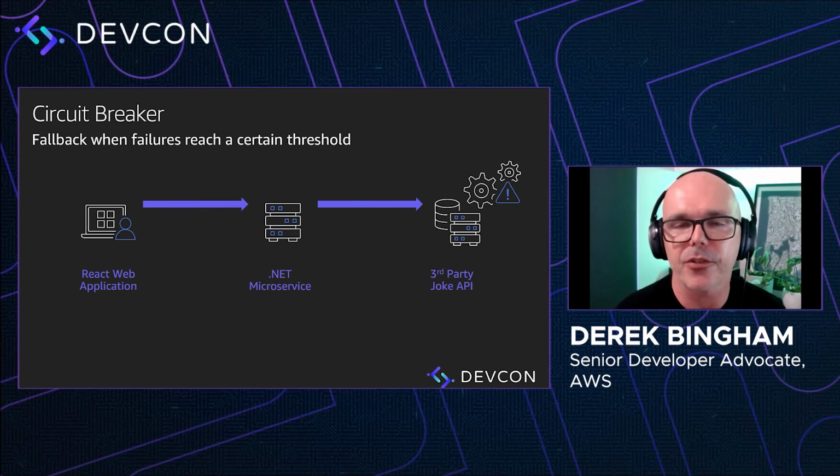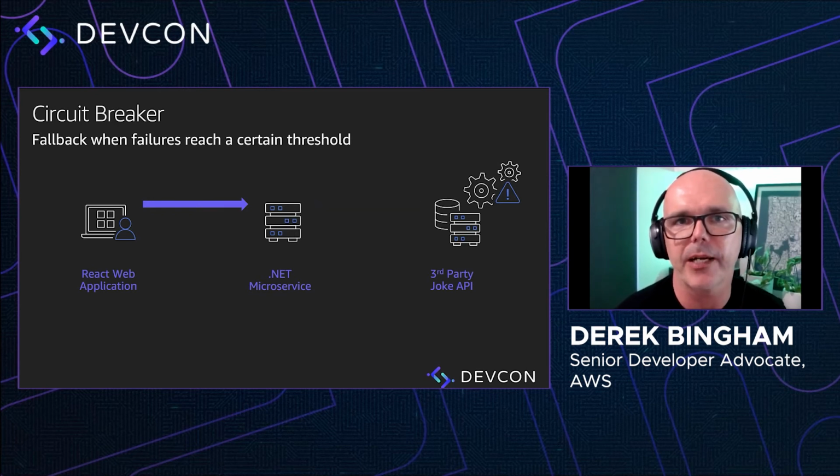The .NET microservice, every time it requests it, will retry and retry, as we've shown before. Now, what we do with a circuit breaker is after a number of retries, or a threshold, we implement a circuit breaker.